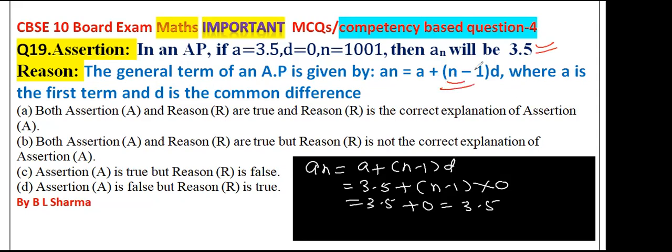And yes, this reason explains assertion. So here A is the correct option. That both assertion A and reason R are true, and reason R is the correct explanation of assertion A. So A is the correct option here.